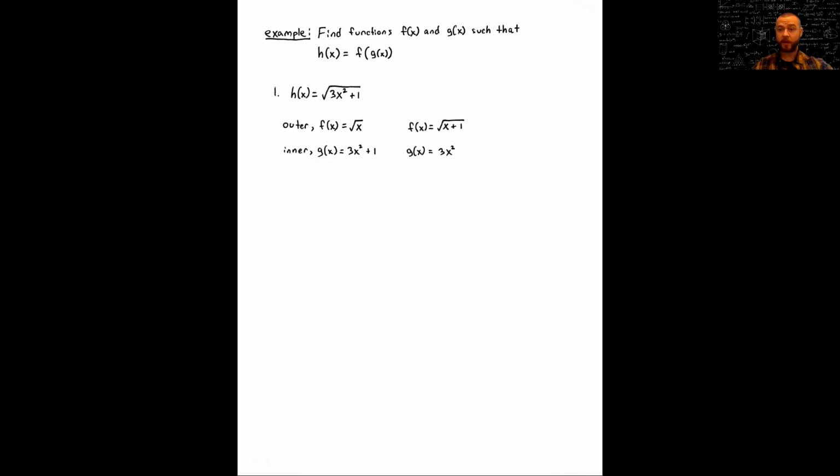Here's another pair that would work. Let's say our outer function is the square root of x plus 1. And if we plug g of x into that, replacing the x in the outer function, we'd have to have g of x to be 3x squared. And notice if you plug g into f there, we get our given function h of x.